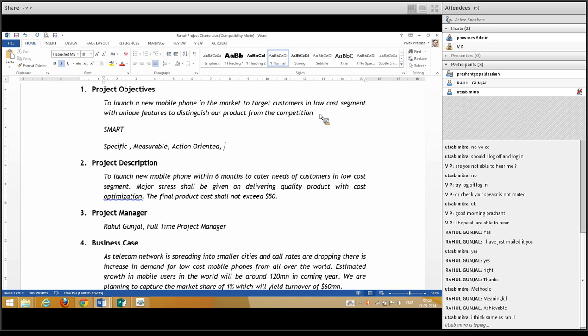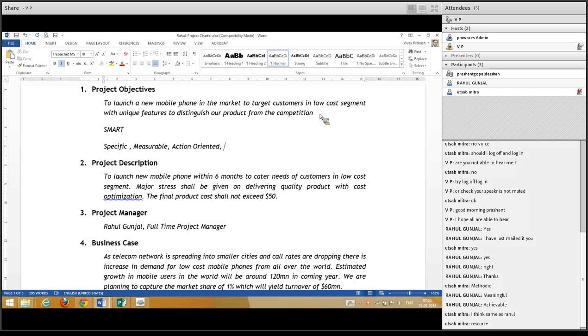Guess any? This is important actually. So we need the source. No, it's not source. So setting objective. Rahul, what do you think?